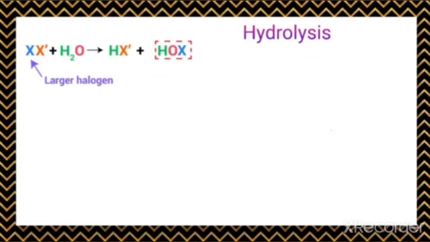The interhalogen compounds on hydrolysis, that is XX dash plus water, give rise to HX dash and HOX, where HX dash, one of the compounds formed, is called a halide and the other one is called a hypohalite, that is an oxo acid, also called hypohalous acid. So the interhalogen compound in which one halogen gives rise to the acid, the other halogen gives rise to the halide.